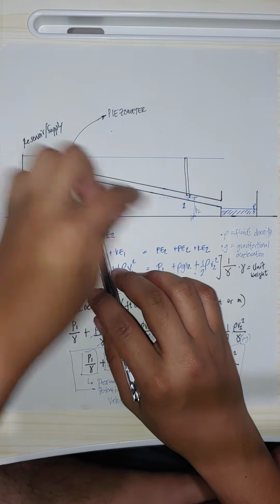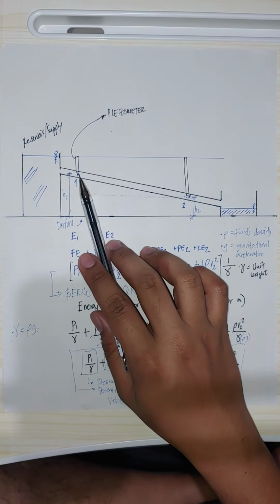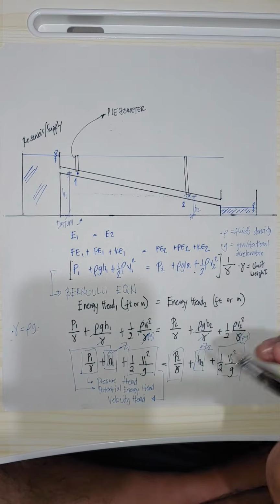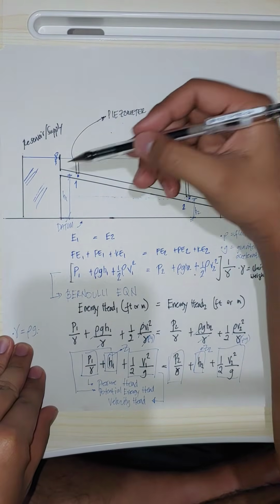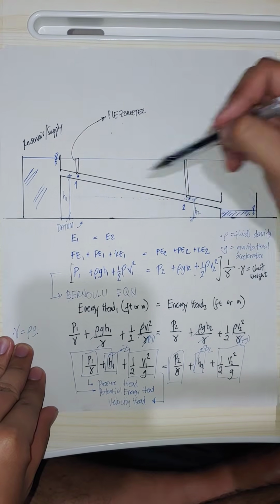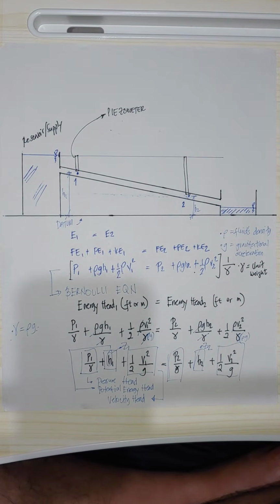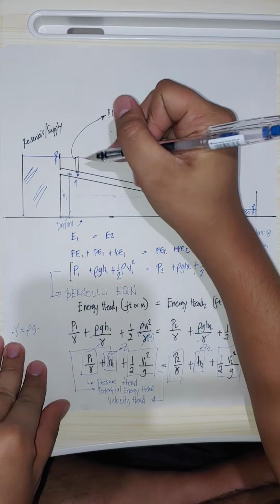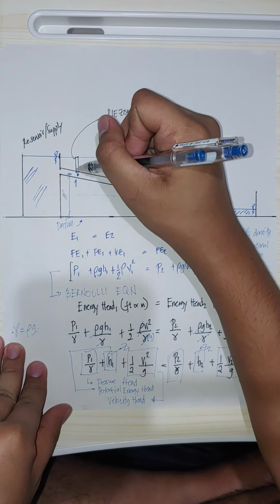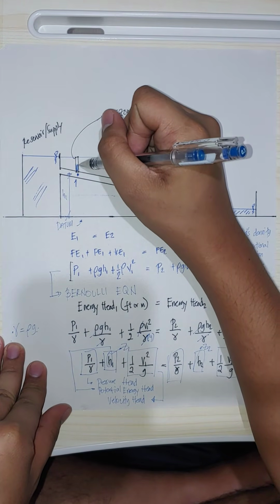If water is flowing there and you puncture the pipe, like a hose, the water comes out. So let's say we have a pipe, you puncture it, and you place a piezometer. The water rises at a certain height, let's say here at this height.